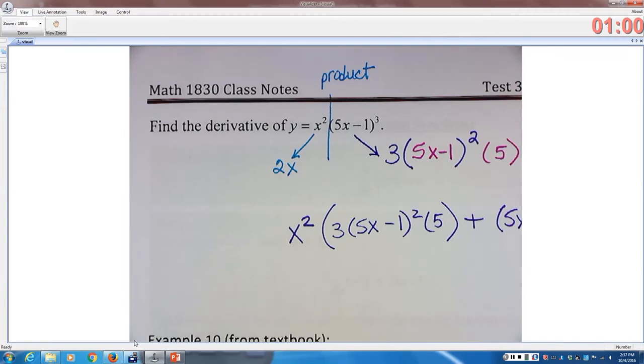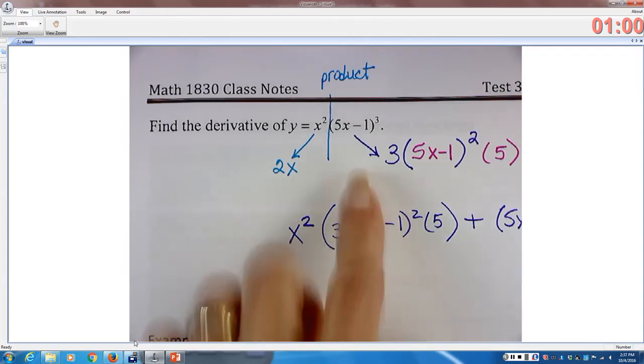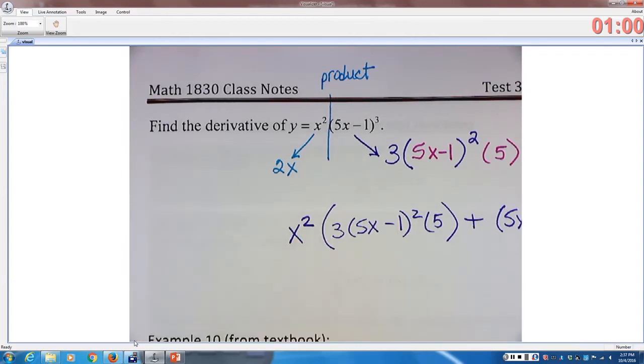Take both derivatives and then swap them. Always take your derivatives first. That way, if you need to apply a chain rule, you can apply it when you're taking the derivatives to start with.